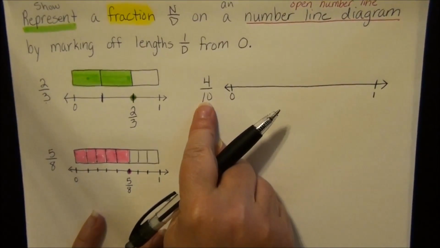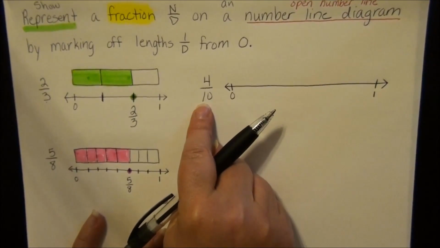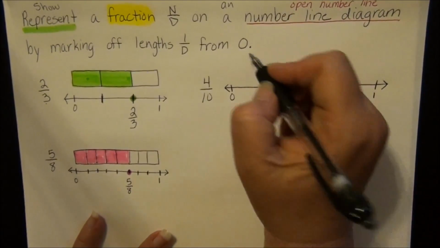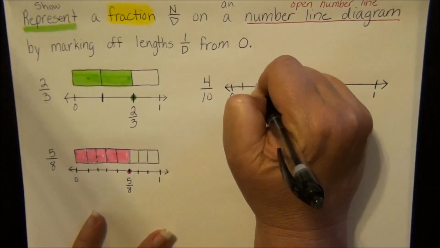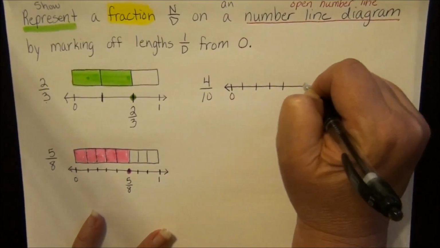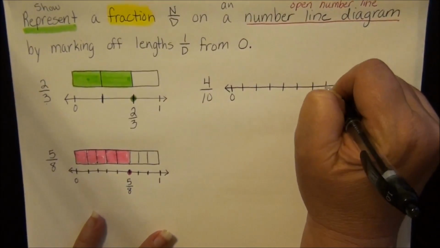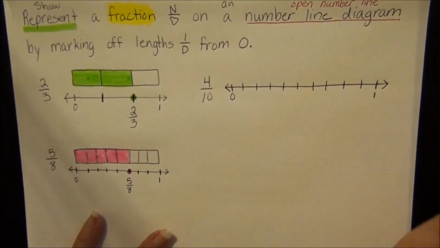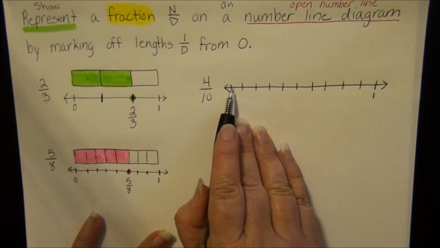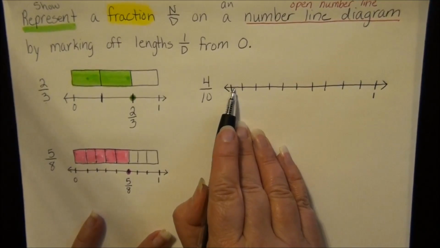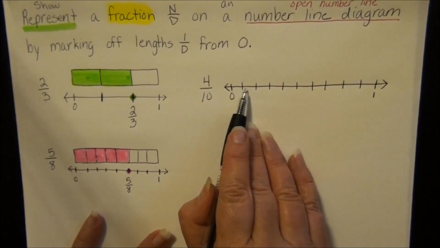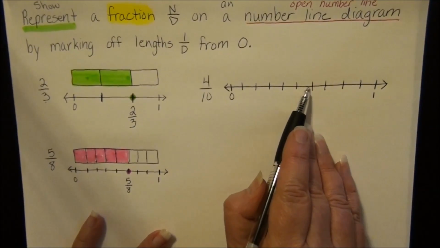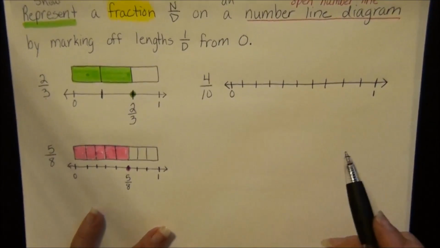Now, I have 10 equal parts, so I need 9 vertical lines. 1, 2, 3, 4, 5, 6, 7, 8, 9. Okay, so now I have 10 equal parts because you can see the pieces in here. This would be like a piece of a candy bar. 1, 2, 3, 4, 5, 6, 7, 8, 9, 10.